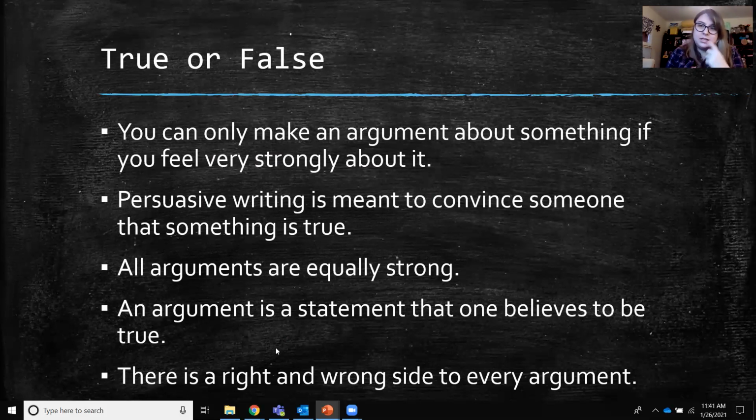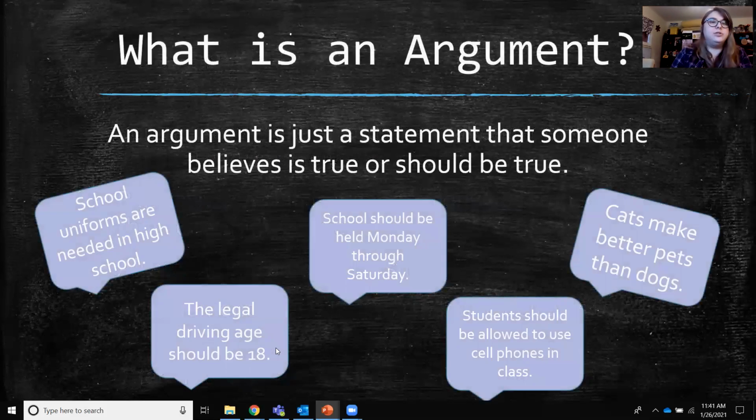Like I said, we're going to come back to these at the end of our lesson and look at whether or not they actually are true or false statements. We're going to compare our pre-lesson answers to our post-lesson answers. Before we get to that point, though, let's get started with defining what an argument actually is. So here is our definition for argument.